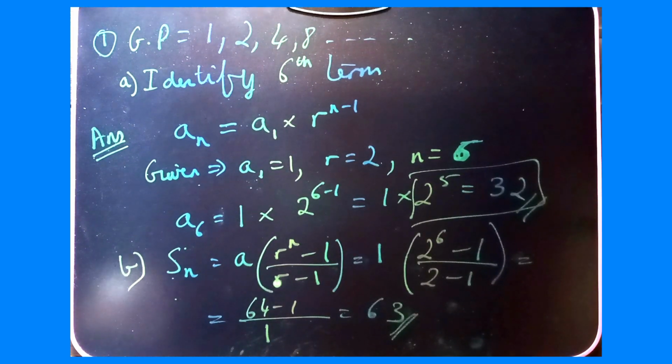So we have solved two problems for arithmetic progression and two for geometric progression. You want to solve some more? Okay, let us do one more problem on geometric progression.